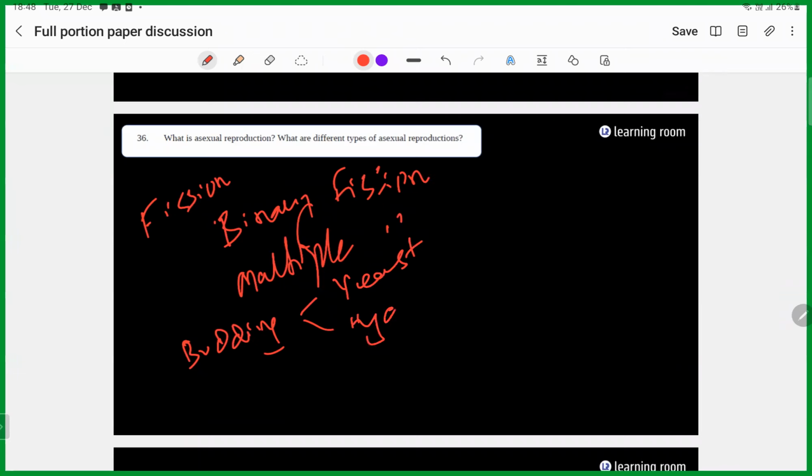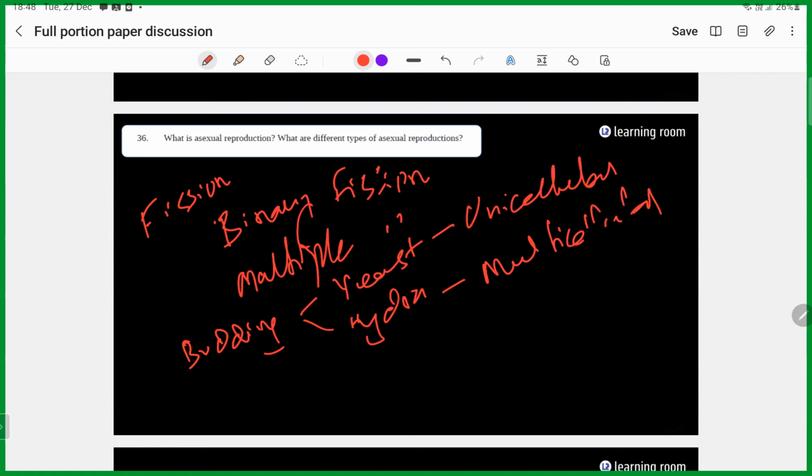Is there any difference? In what way can you differentiate these two organisms? Budding in yeast is in a unicellular organism. Budding in hydra, a multicellular organism.